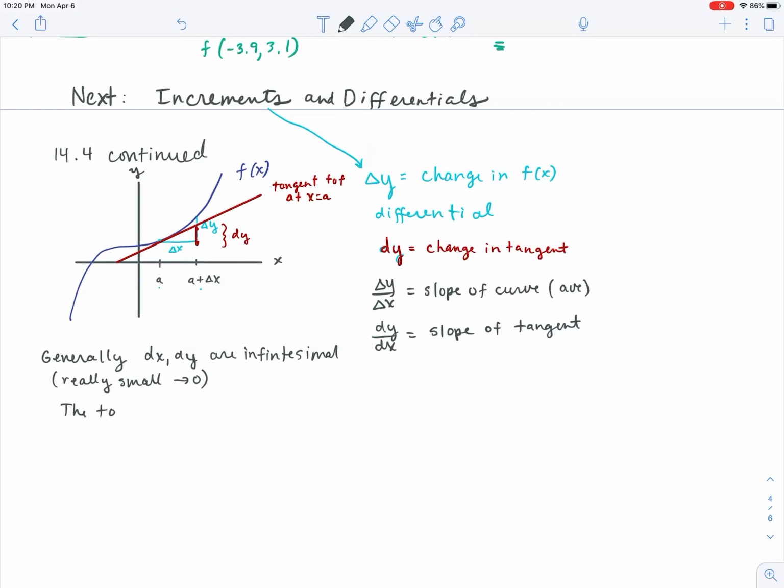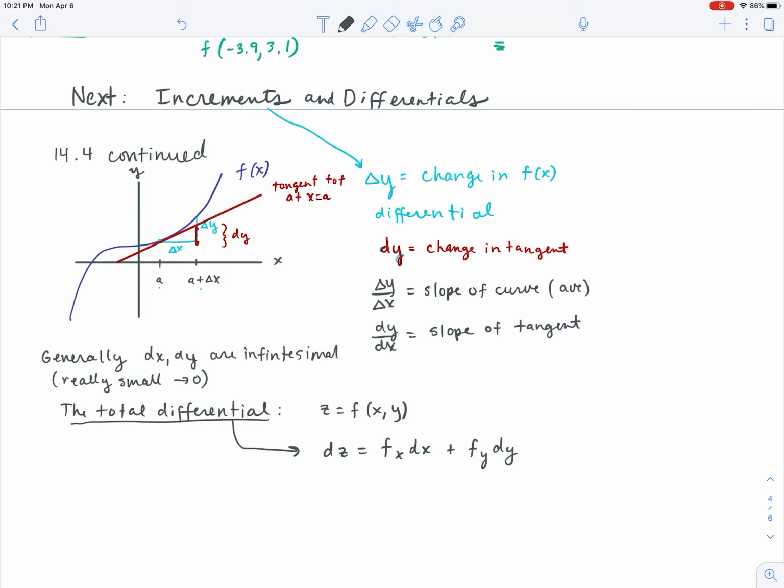The total differential, let's just look at an example. If I have z equals f of x, y, then the total differential is dz equals f_x dx plus f_y dy.